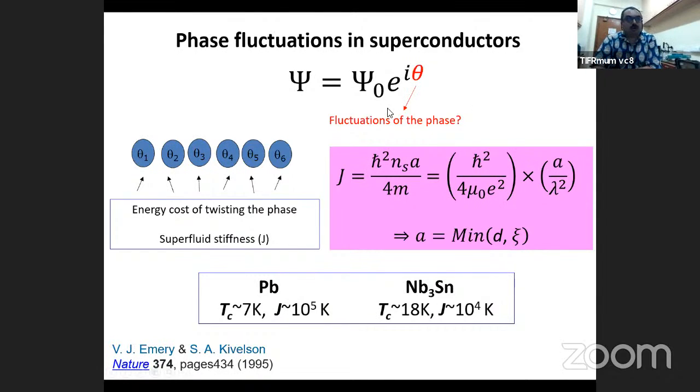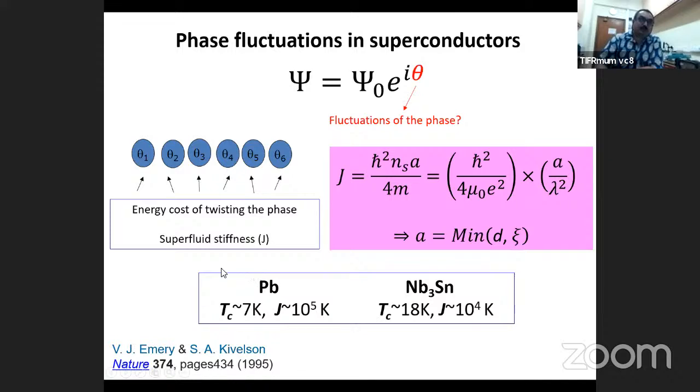So this superfluid stiffness, you know that it is given by this quantity here, and this A, this characteristic length scale, if you take, let's say, thin films, then it is the lower between the coherence length and the thickness D.